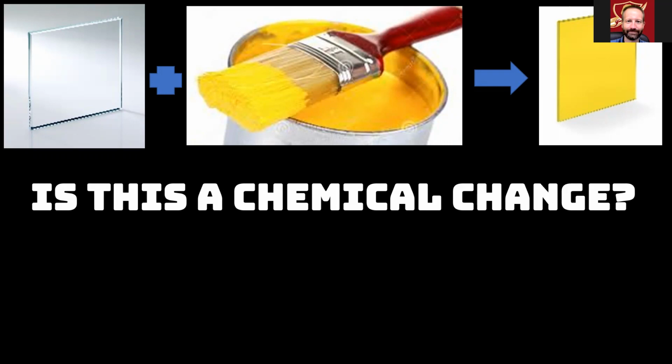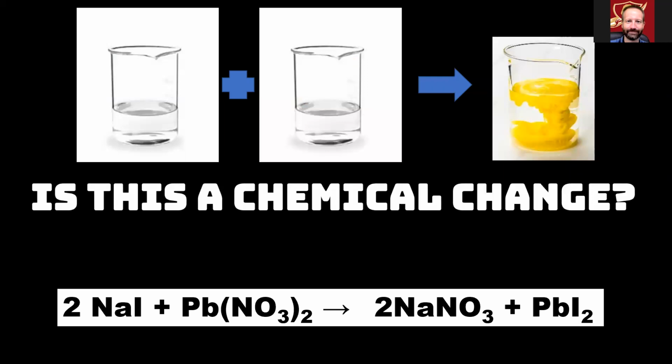Now on the back, I have a picture that's going to be very similar looking. Notice I started here with transparent glass and some paint, and now it's not transparent, it's yellow glass. On the back, I have two beakers that are transparent.